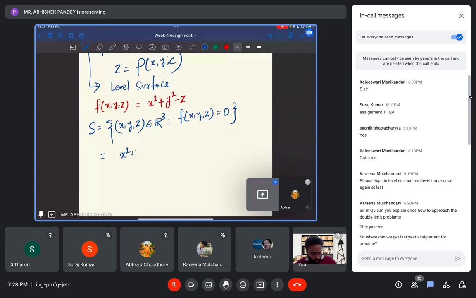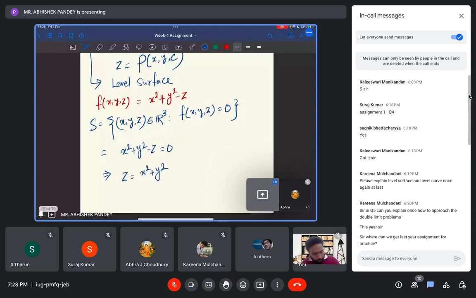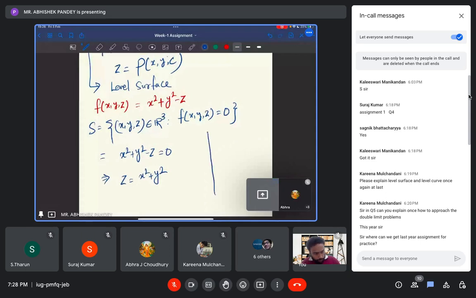You will get z equals x square plus y square. So what we are getting is an infinite paraboloid.